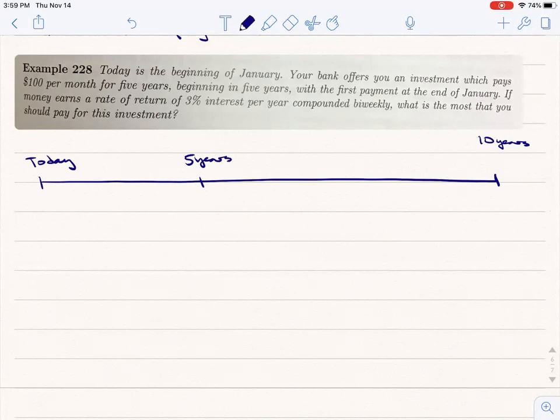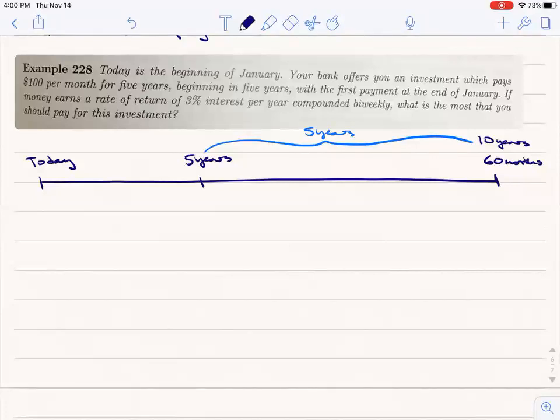So this distance is 5 years. These payments aren't going to start until the 5-year mark. And so we've got 5 years of monthly payments. 5 times 12 is 60 months, in terms of payments.